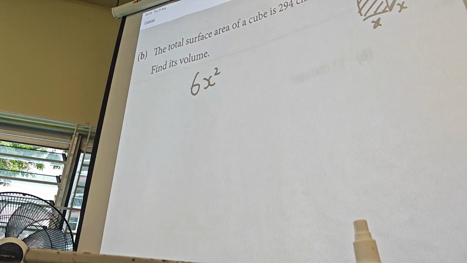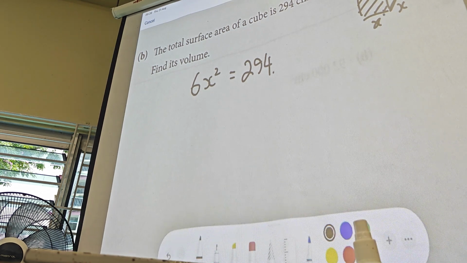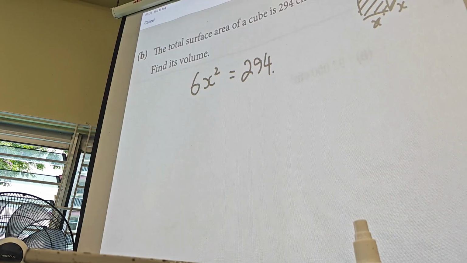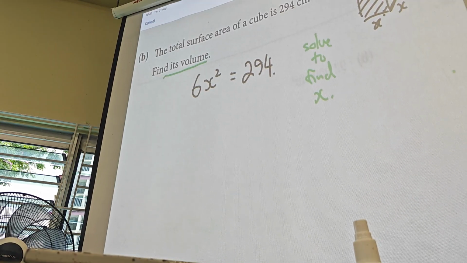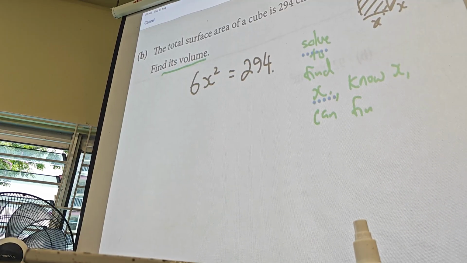So when 6 areas make up 294, I can from there find out what x is, what each side is. By forming this equation, I can solve to find the length of each side. After I find the length of each side, then I can proceed to find the volume.